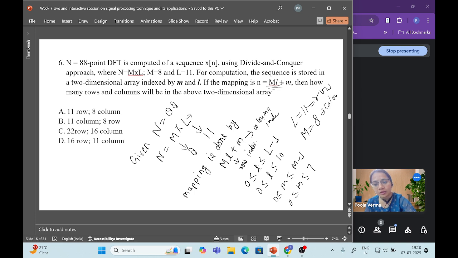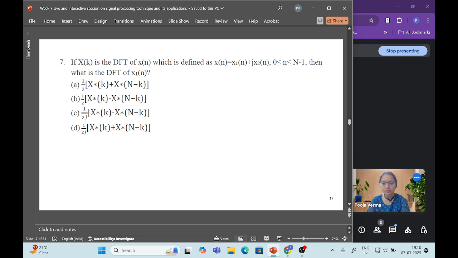Okay, so 11 rows and 8 columns. So option A will be the correct answer for this question. Okay, I hope you have understood. So moving to the next question.